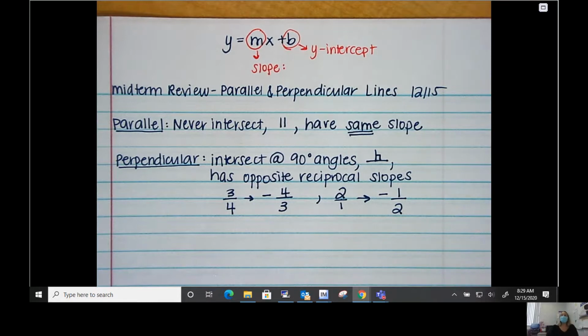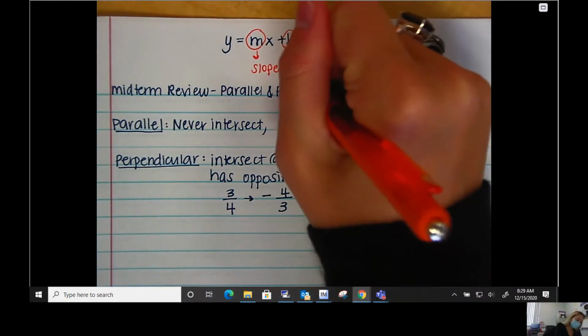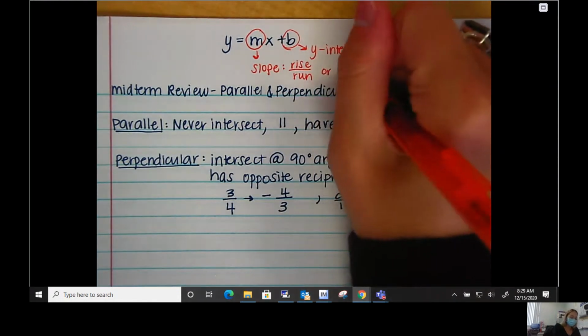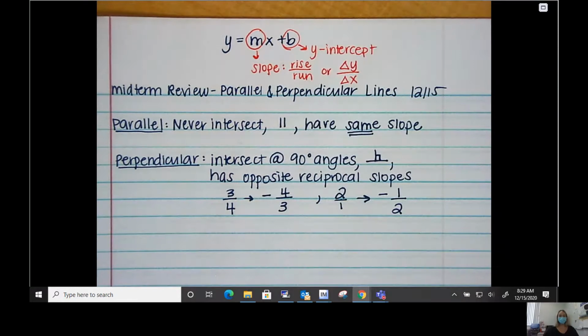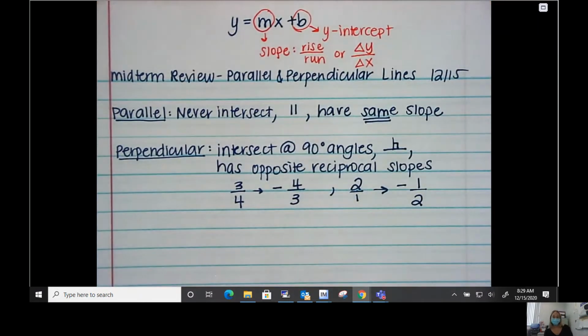Maybe you remember it more as rise over run. Or in geometry, we really do the change of y over the change of x. Maybe that looks familiar too, because I may or may not have taught you that already.